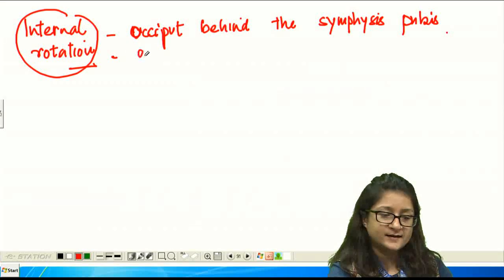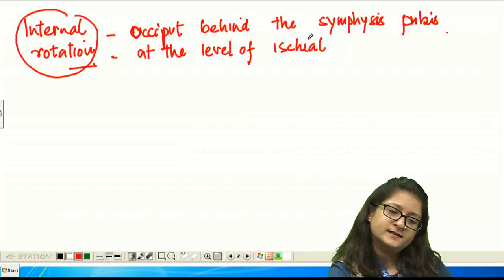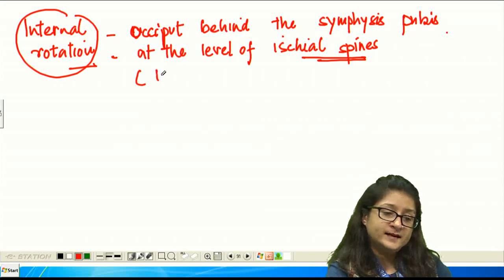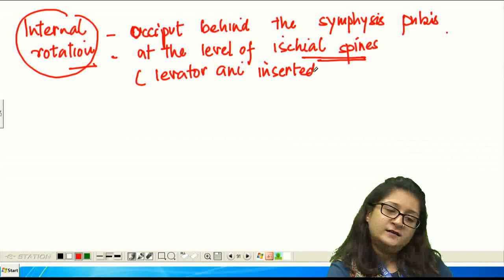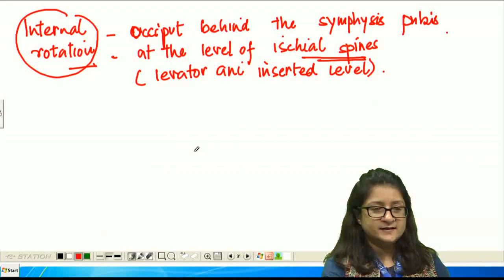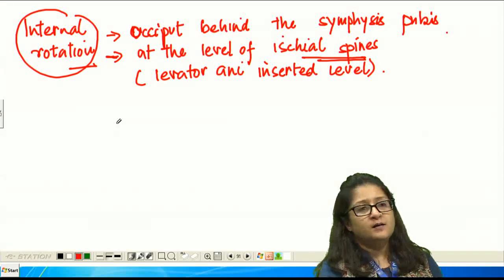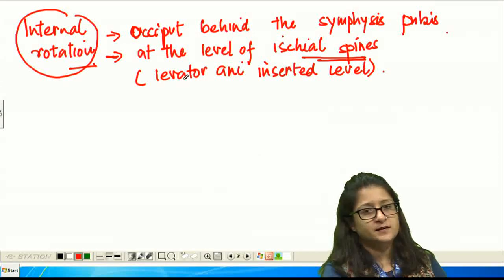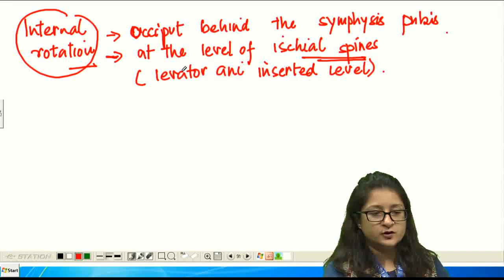Internal rotation happens at the level of the pelvic floor, at the level of the ischial spines. At this level the levator ani are inserting, and the fibers are inclined anteriorly and medially. That is why internal rotation happens, because of the fibers of levator ani traversing the pelvic floor medially and anteriorly.